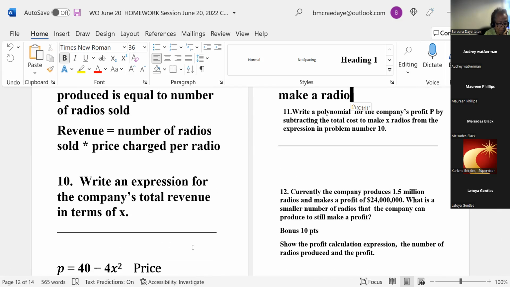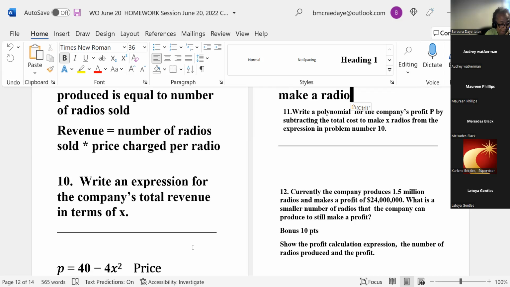Let's see, the total revenue. What would the total number of radios sold look like? We have the price and we have the number of radios. So what would that look like?